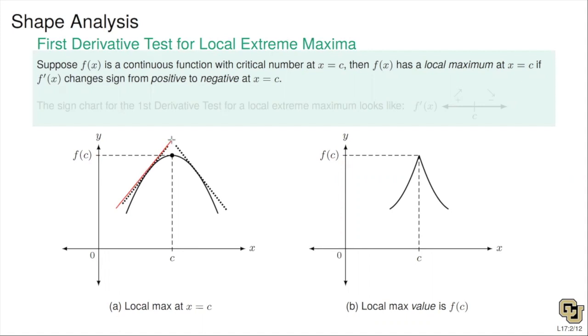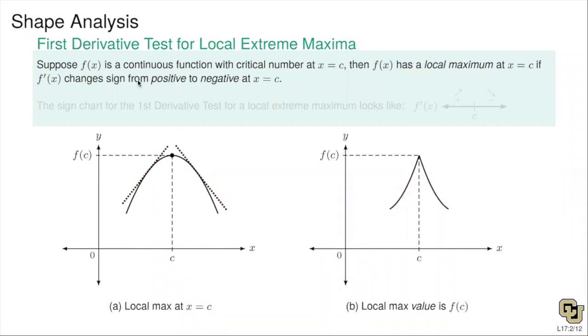Remember, it's important that you look at the graph from left to right. So the slope changes from positive to negative, then we have a local maximum. And here in this other picture, we still have the slope positive, changing to negative, and you still have a local max there.